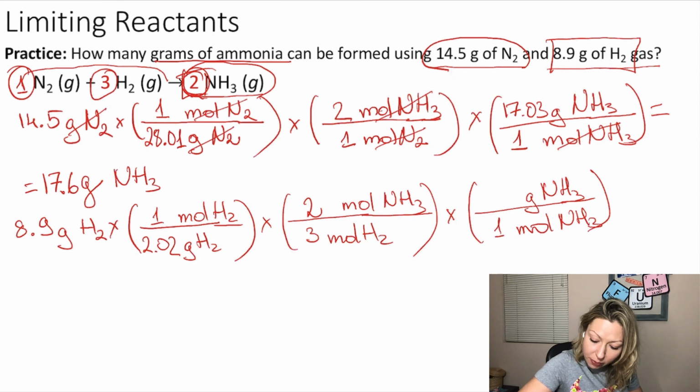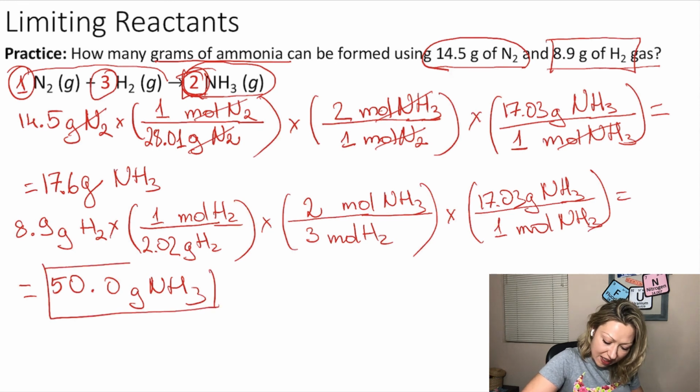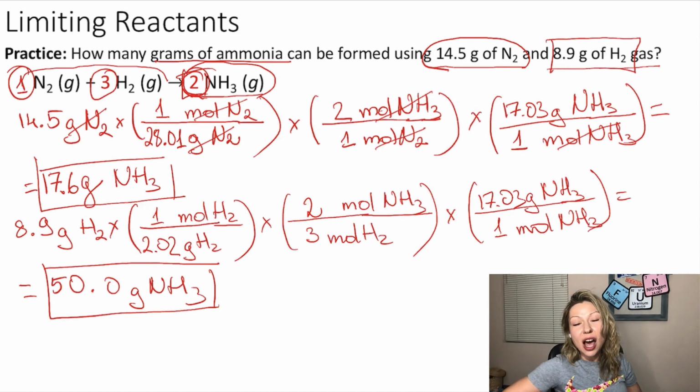So again, 1 mole is just 17.03 grams, and that is the molar mass. Now, if you do this calculation, you are going to get 50.0 grams of NH3. Significantly more than the 17.6 that you would get if you use up all the N2 gas.